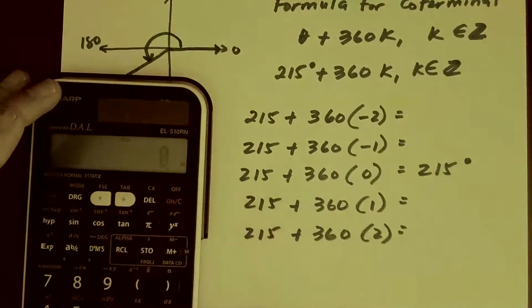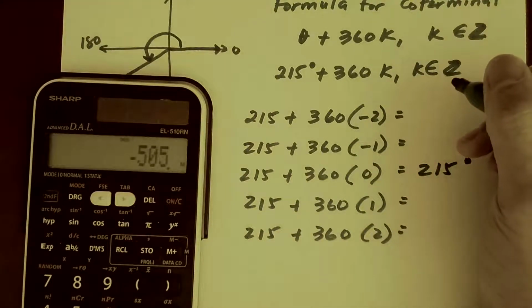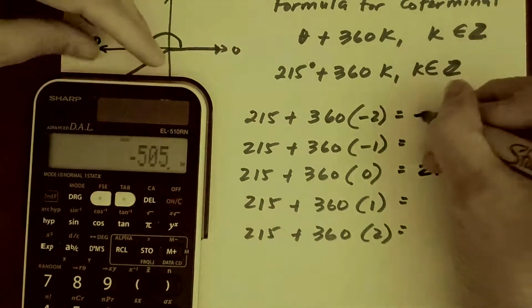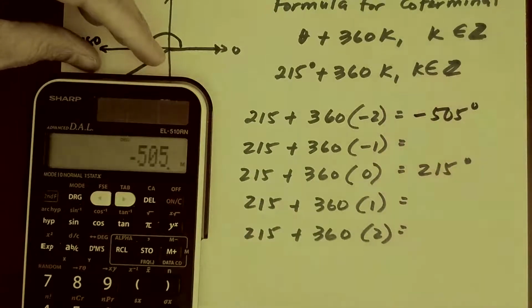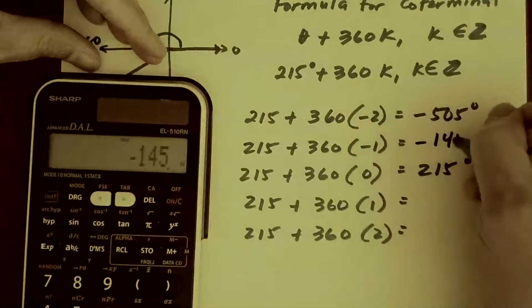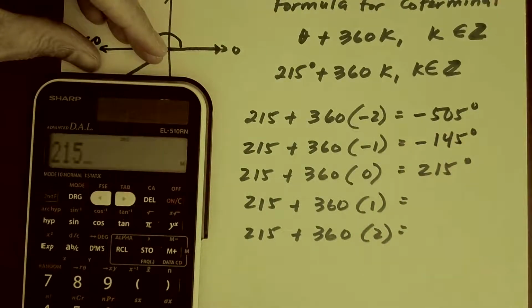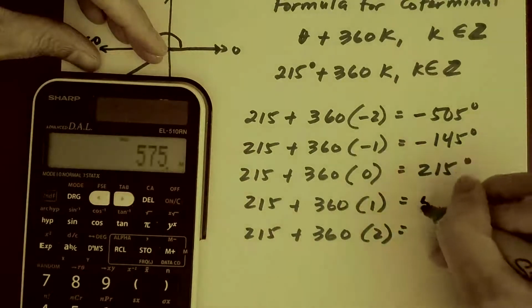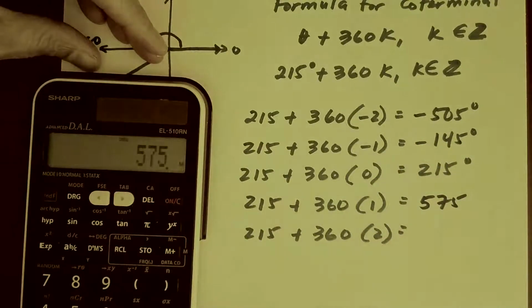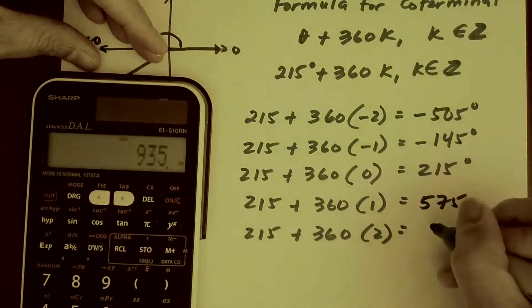So 215 plus 360 times negative 2 is going to be negative 505 degrees. 215 plus 360 times negative 1 is going to be negative 145 degrees. And then 215.